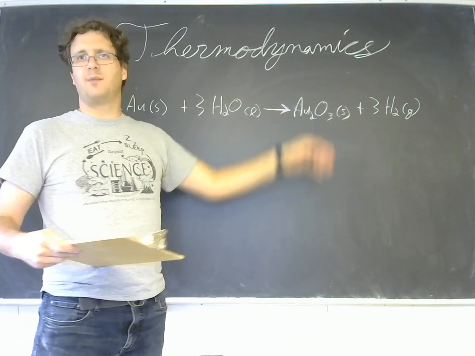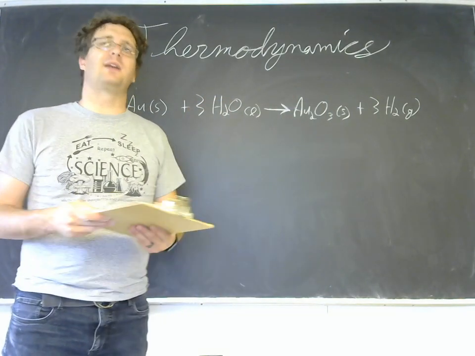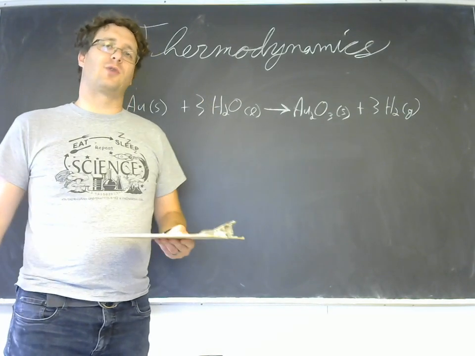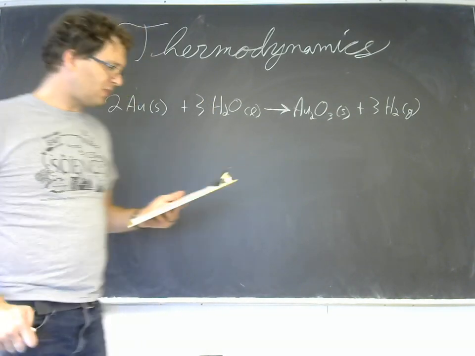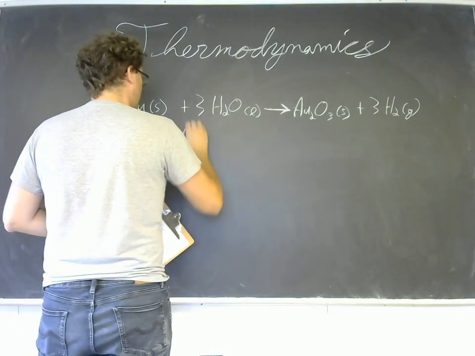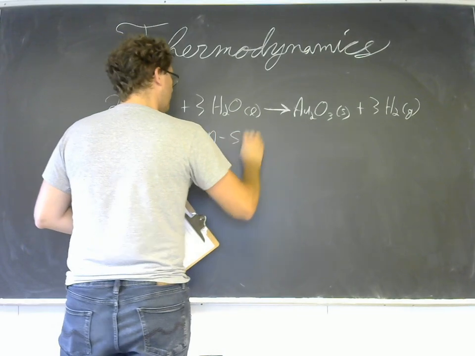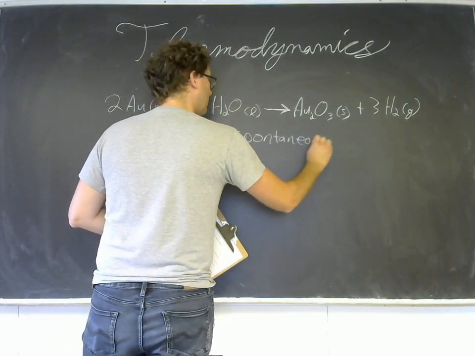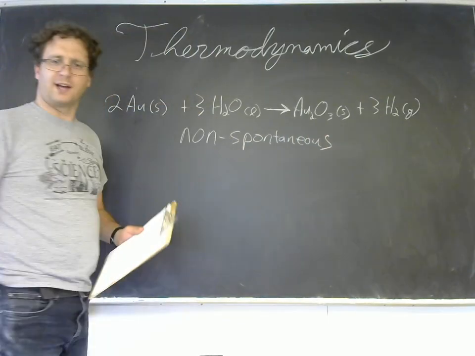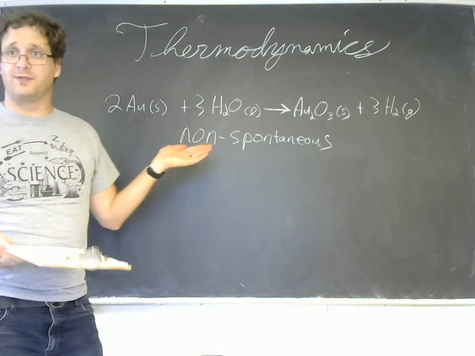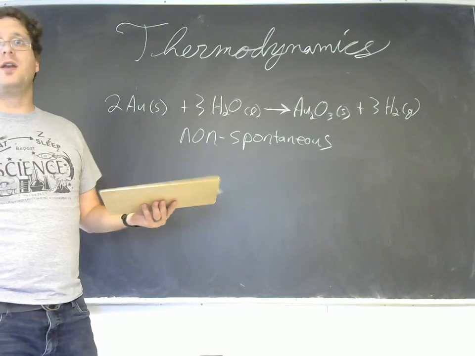This process simply doesn't happen in nature unless it is driven by other extraordinary circumstances. So why is that? Well, we'll call this a non-spontaneous reaction. And part of chapter 18 will be exploring the hows and the whys of identifying reactions that are non-spontaneous.